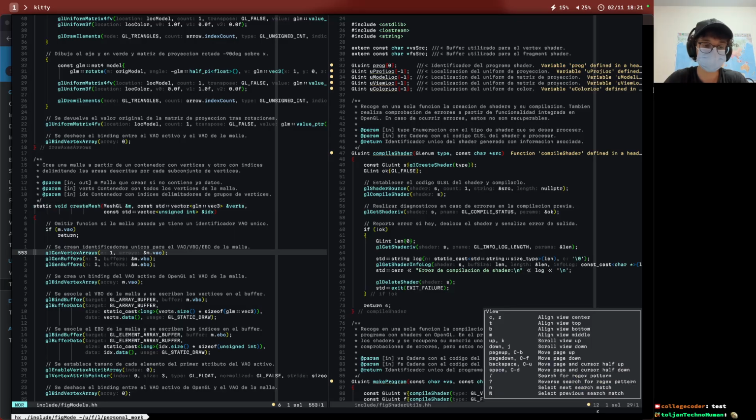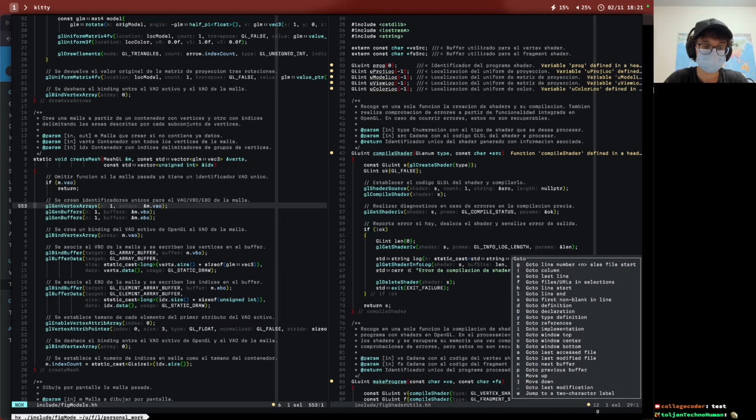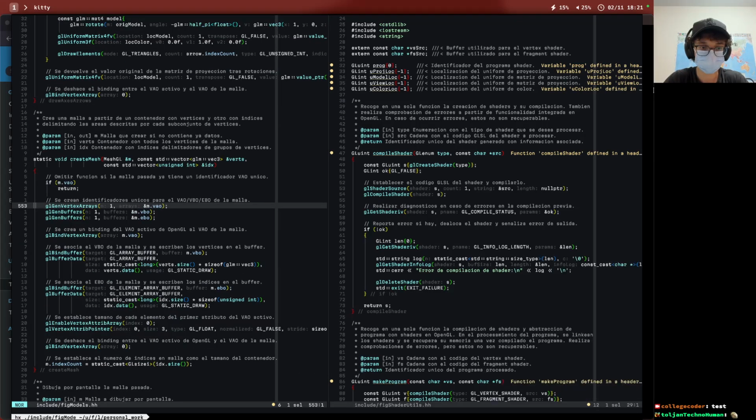I mean, no. It creates a mesh only if the mesh hasn't already been created. That is, we don't already have some static piece of data with a mesh. So it does that basically. Binds it, makes the array.